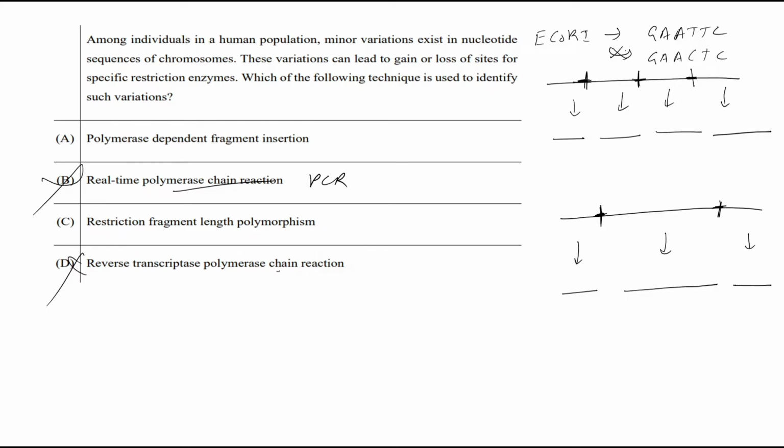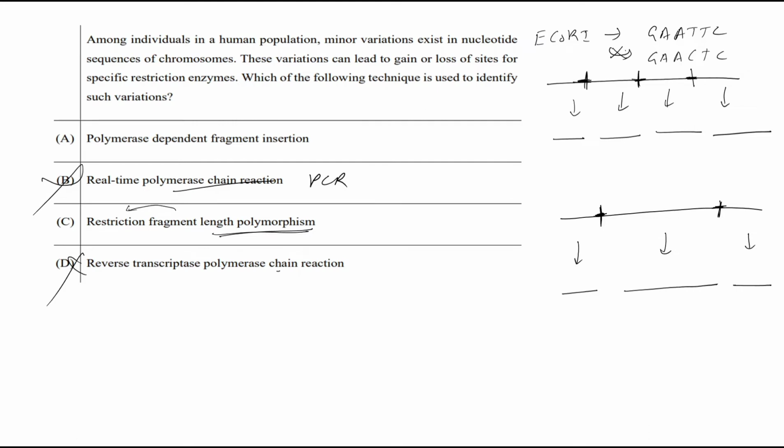What is polymorphism? Polymorphism is change, basically difference. Length polymorphism: difference in what? Difference in length. You can see here there are differences in length. Fragment length. Whose length? Fragments' length, right?